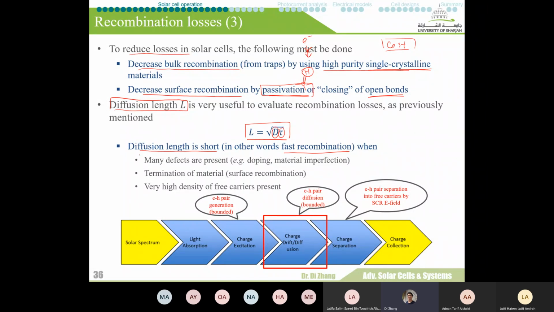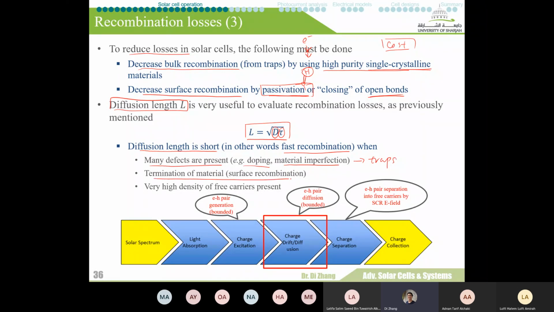Well, the first possible scenario is that you have a lot of defects. This includes doping, because doping is introducing foreign atoms, right? Or if you have imperfect materials, a lot of imperfections and defects in the material, this will give you the traps that we talked about before, from the bulk recombination.